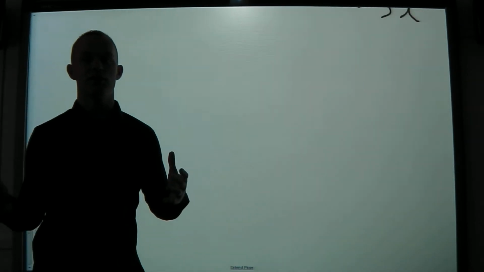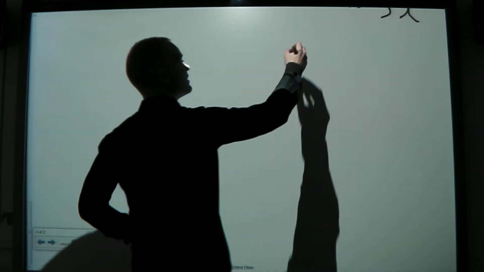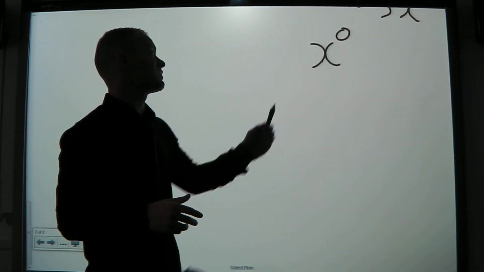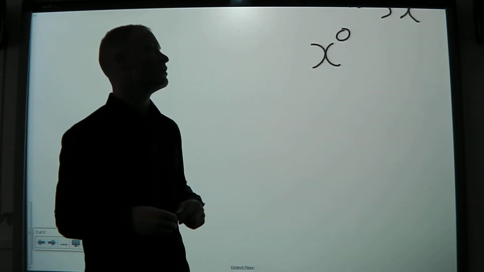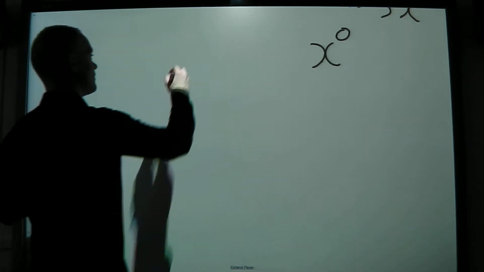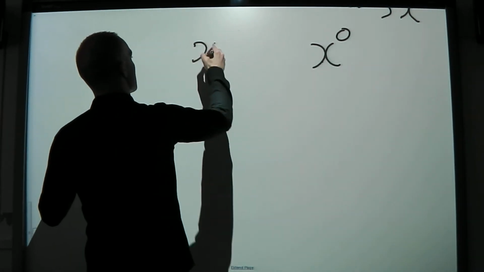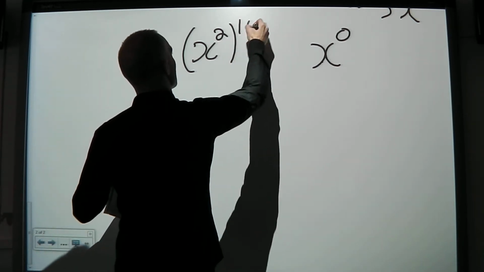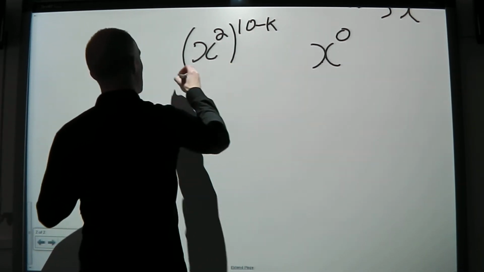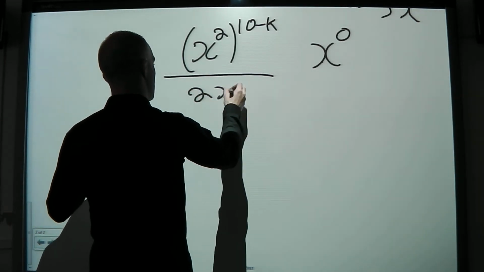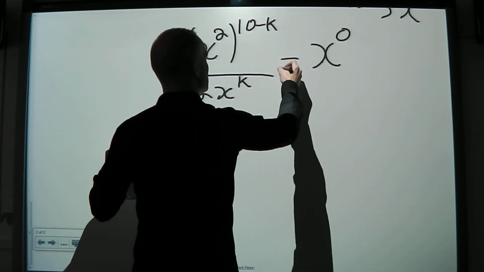But now we want x to the power of 0, because that's the term independent of x, since x to the power of 1 is x, and x to the power of 2 is x squared. So our general term, x squared all to the power of 10 minus k, all over 2x to the power of k, is equal to x to the power of 0.